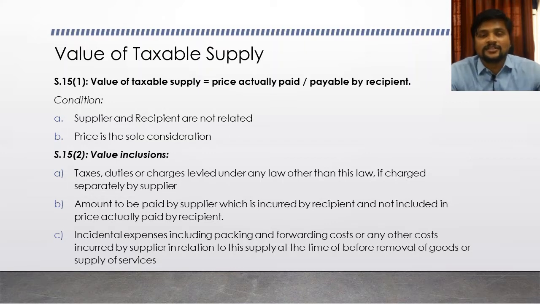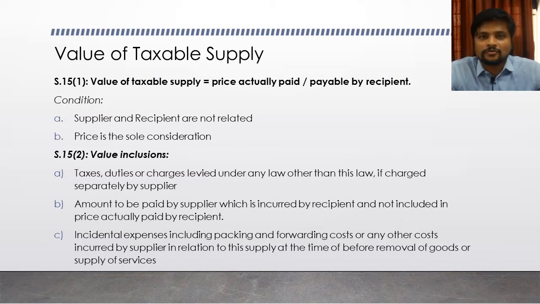That is subsection 2. Subsection 3 lists the items to be excluded from the valuation. The 4th subsection is like a residual subsection. If the above 3 subsections cannot be applied, or the case falls out of the scope of the subsections discussed before, then subsection 4 has to be applied.